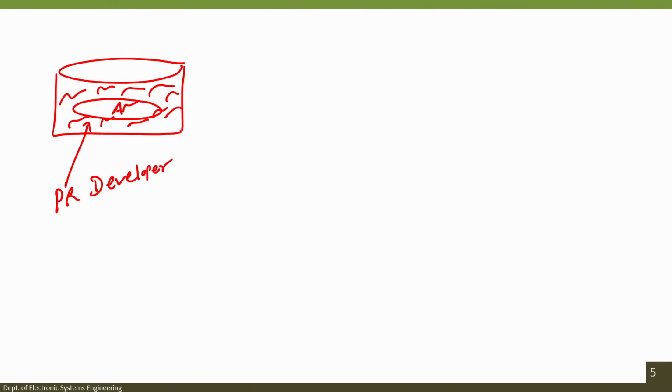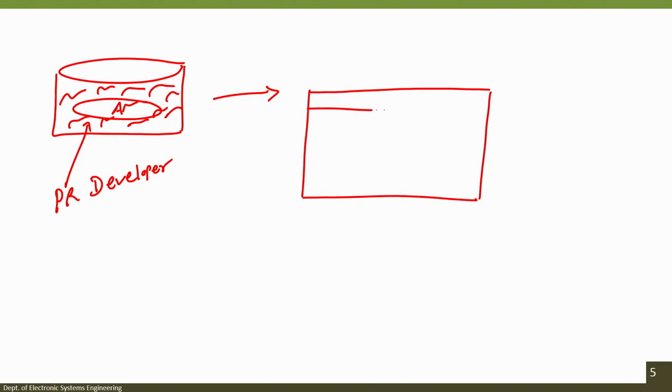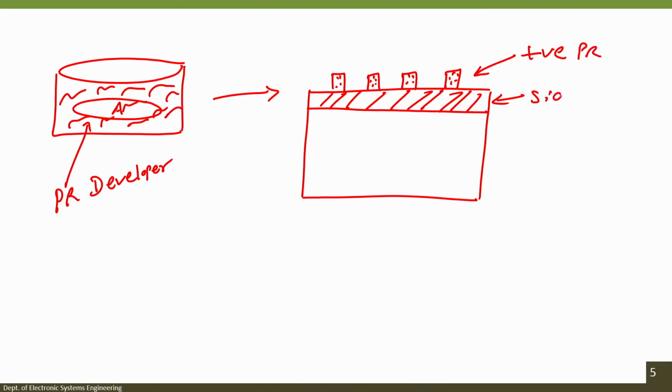in PR developer. When I do this step, what I will have is my oxidized silicon wafer and photoresist pattern as shown in this figure.